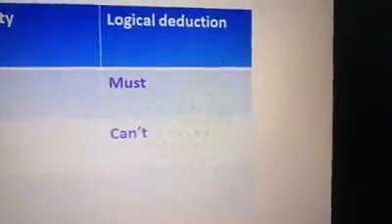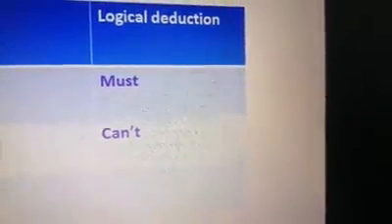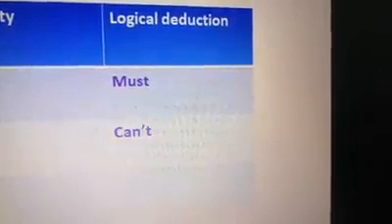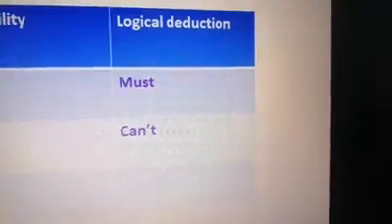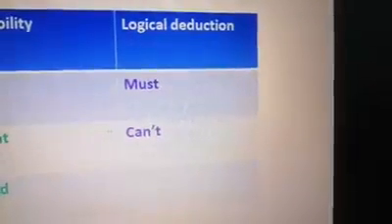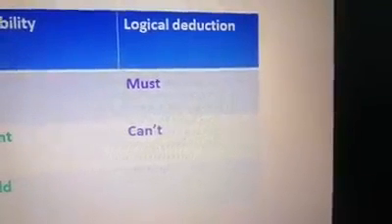The last column, as you can see, is for logical deduction. When I use the word logical, it means mental thinking. What's the meaning of the word deduction? It's like guessing. For example, when you say today is Friday, the school must be closed.